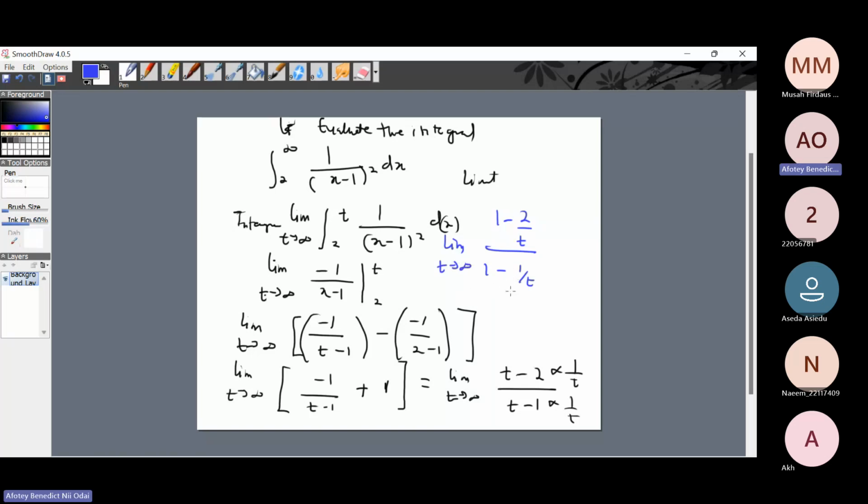So this gives us 1 as our final answer. All we did was that if you are asked to find an integral over infinity, you find the limit as t approaches infinity, because we can't evaluate at infinity. This is just the concept behind it.